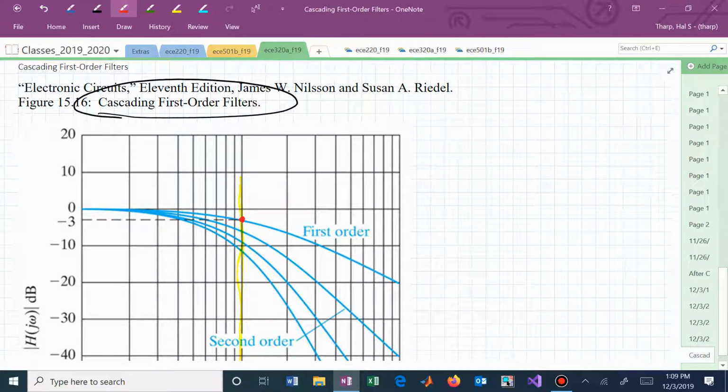But then when we look at the second order, which is this next curve, where are we? Well, we just calculated that's minus 6 dB. So we're rolling off before 1 much sooner with the second order than we were with the first order. And so if we went back and said, oh, what is my actual 3 dB frequency?